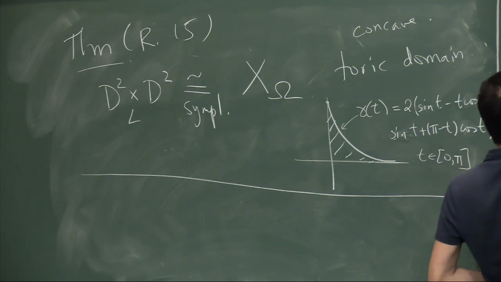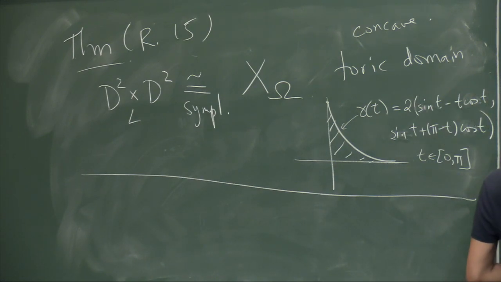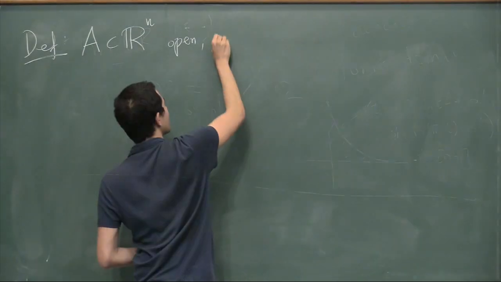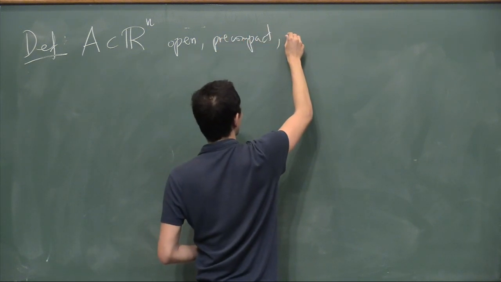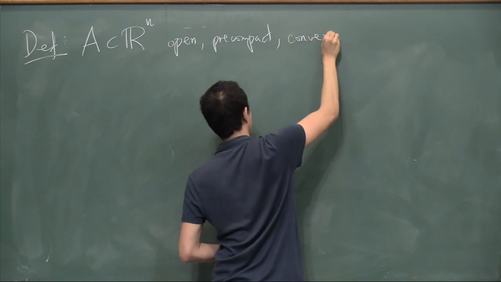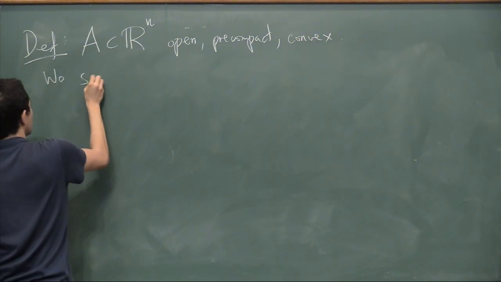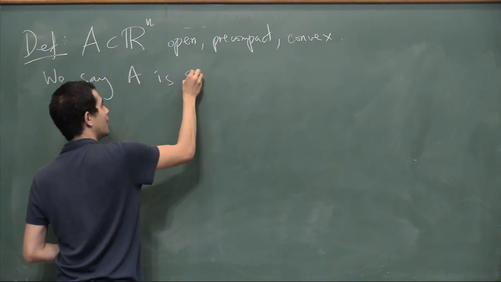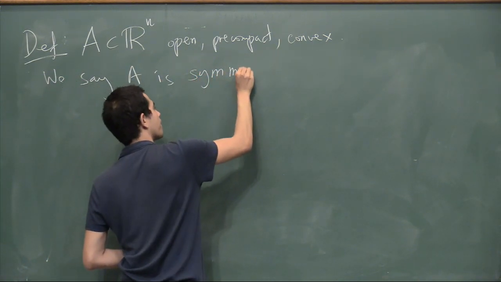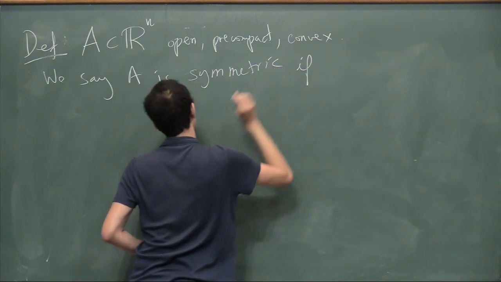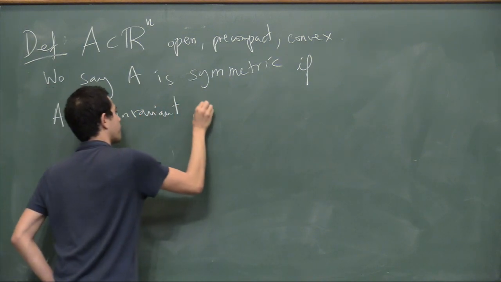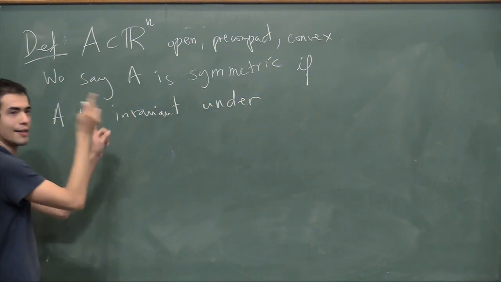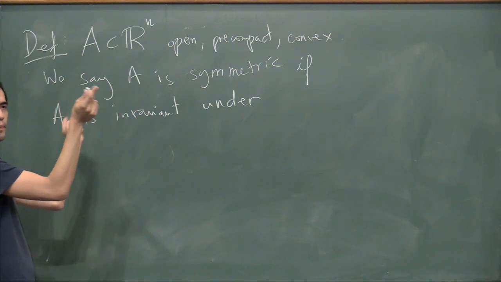So we say that A is a subset of R^n, which is open, precompact, and convex. We say A is symmetric if A is invariant basically under reflections about all the coordinate planes.